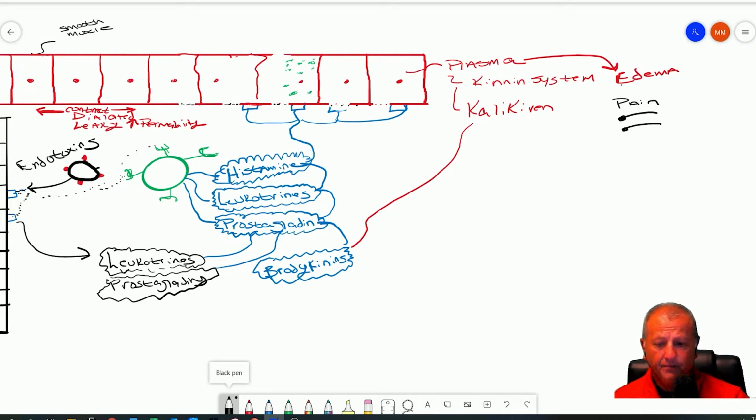So let's talk about signs and symptoms of increased inflammation from an inflammatory response. Let me see if I can write them down here maybe. All right, so 1, we're going to have edema. We've said how that happens. 2, we're going to have pain.